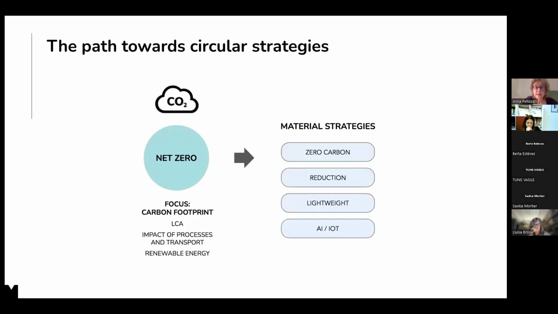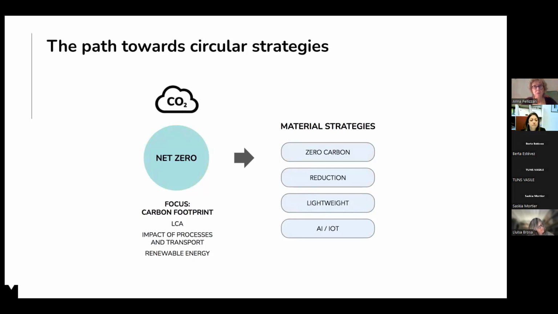When we talk about net zero instead, the material strategies are about zero carbon emission, clearly, and reduction in general of weight, of quantity, even of components, for instance. So making more with less.